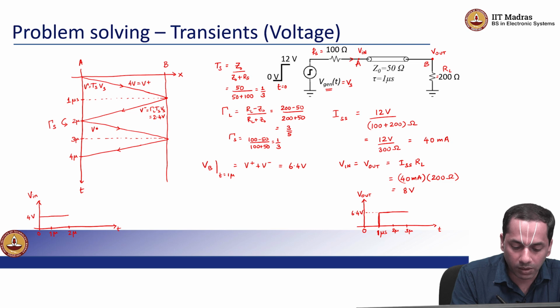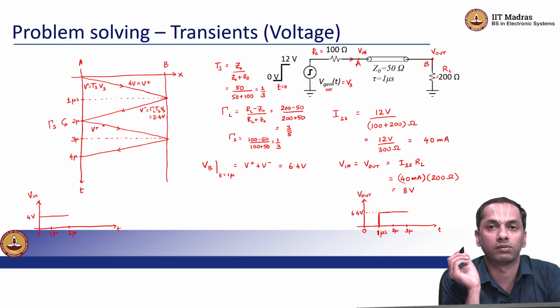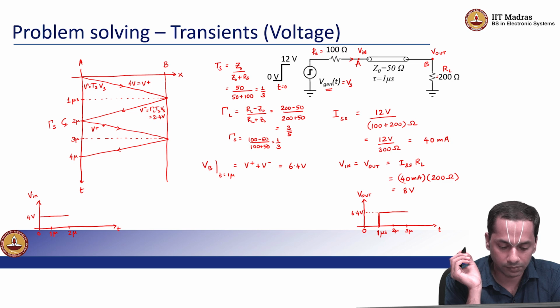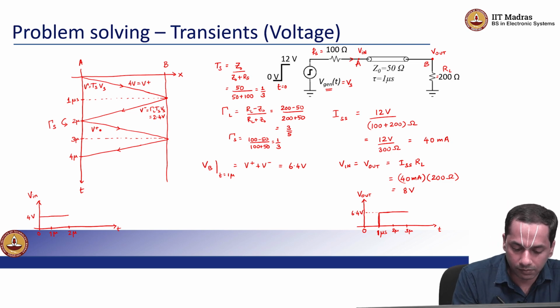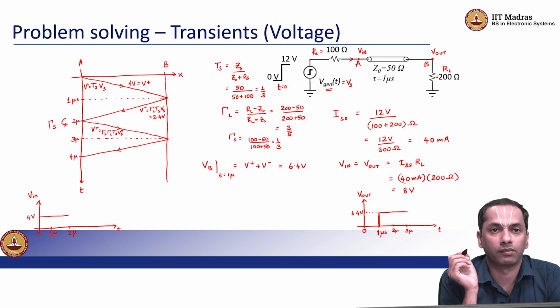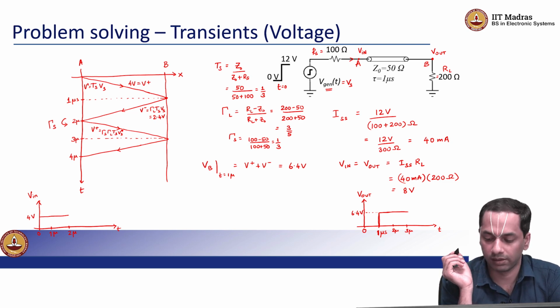So, there is a new V plus that is going forward now, which is essentially gamma S, gamma L, Ts, Vs. Gamma S is 1/3.